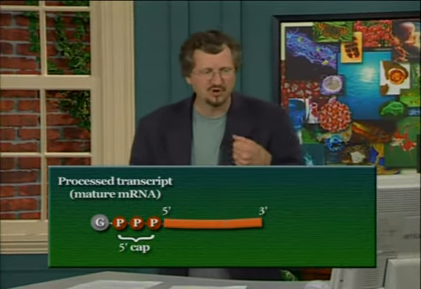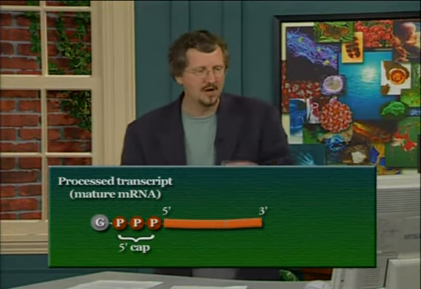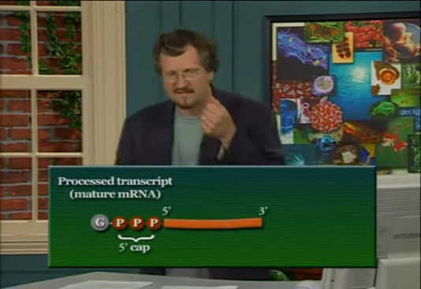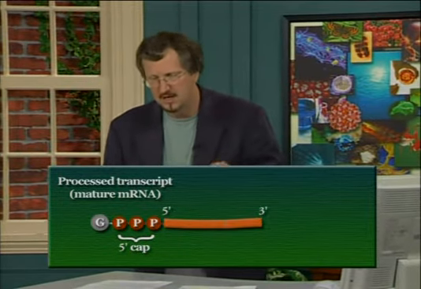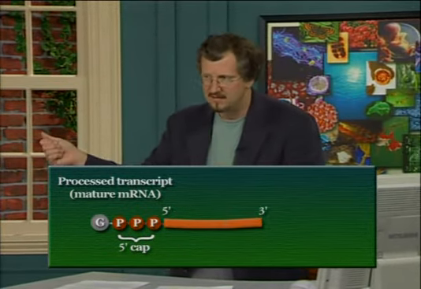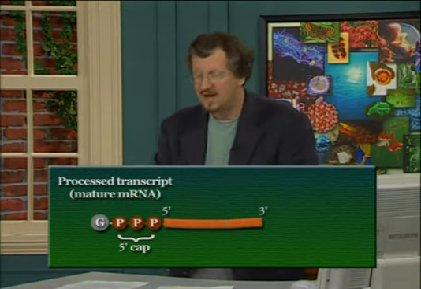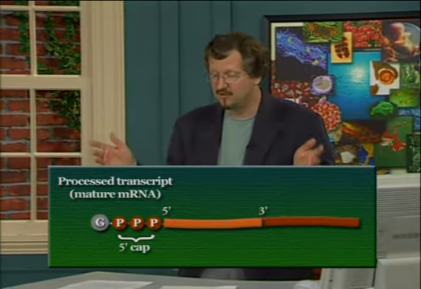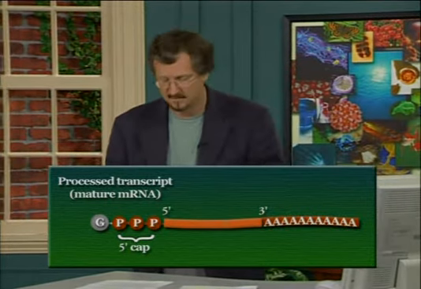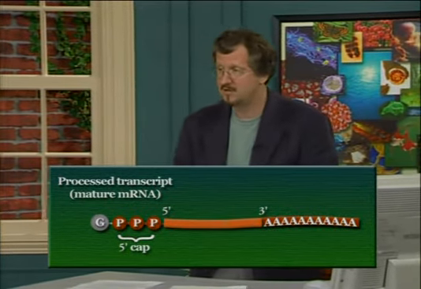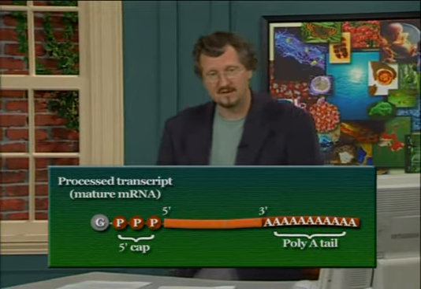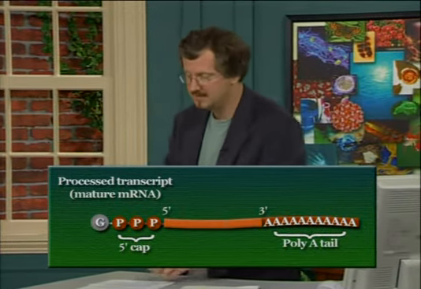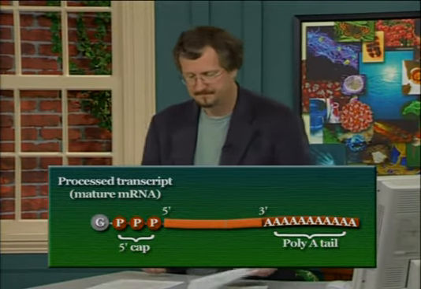So every mature mRNA or processed transcript will on the 5' end always have this modified guanine. Meanwhile, at the 3' end of the RNA transcript, a very long series of what might be several hundred adenines are added, forming what's called the poly-A tail. So we have a 5' or guanine cap on one end and a poly-A tail on the other.